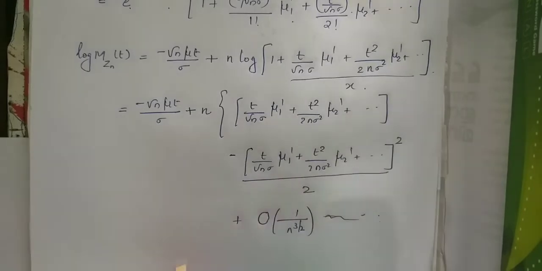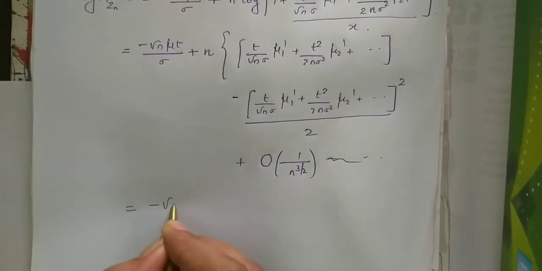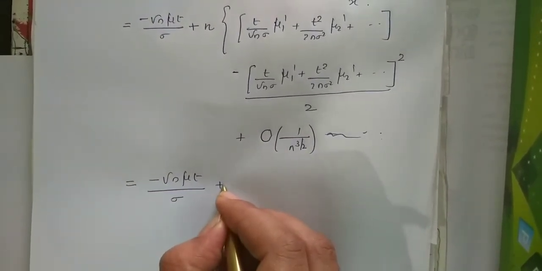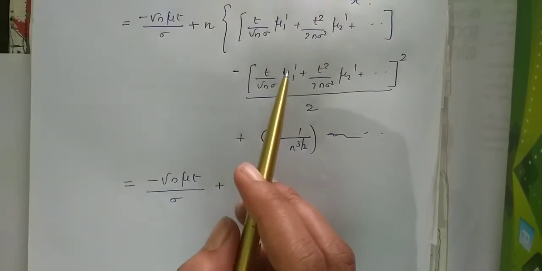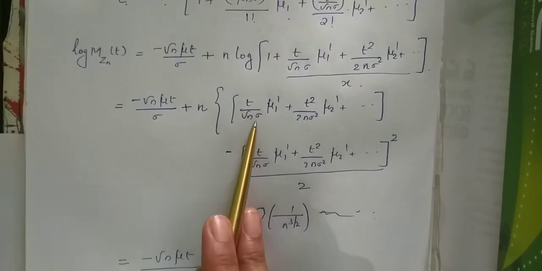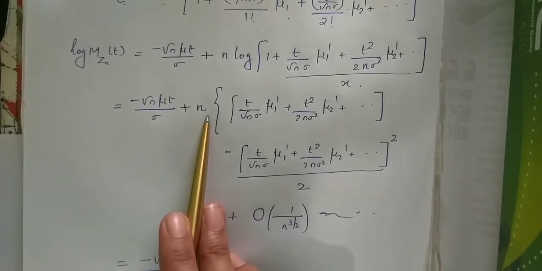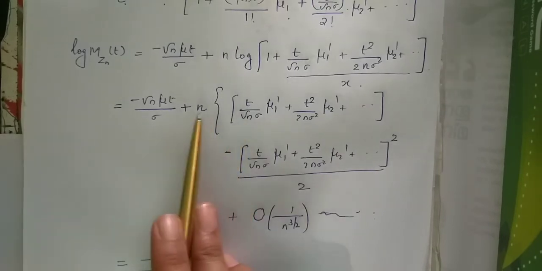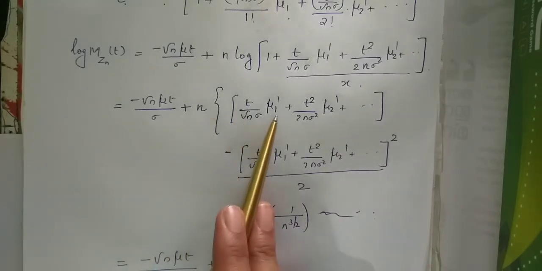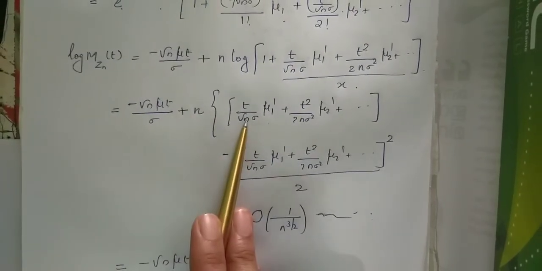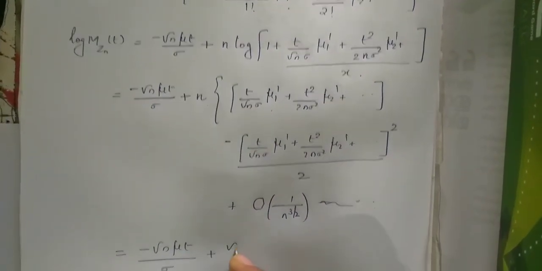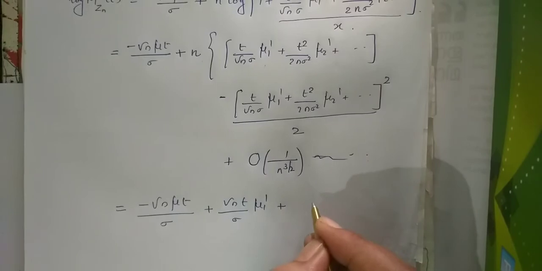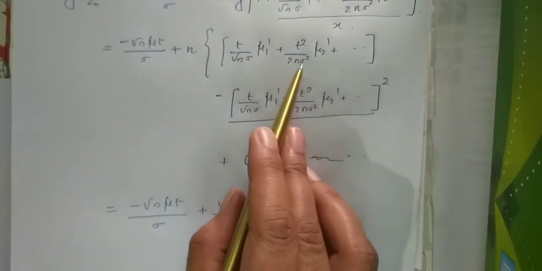Then we can write this as minus root n mu t divided by sigma plus next term is n into t by root n sigma into mu1 dash. n by root n is root n, so root n t by sigma into mu1 dash, plus next term is n into t square by 2 n sigma square.